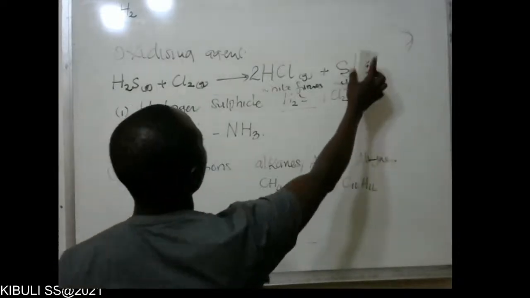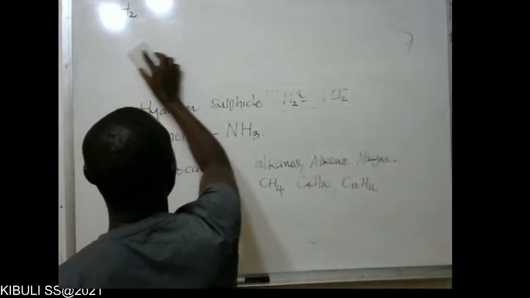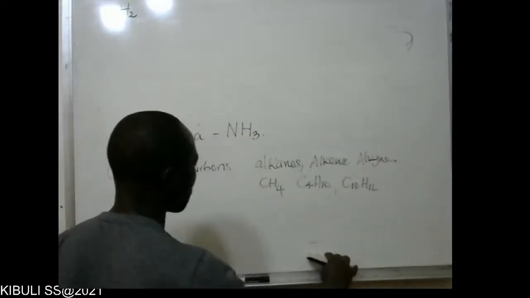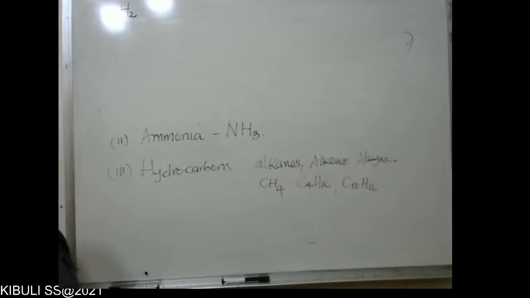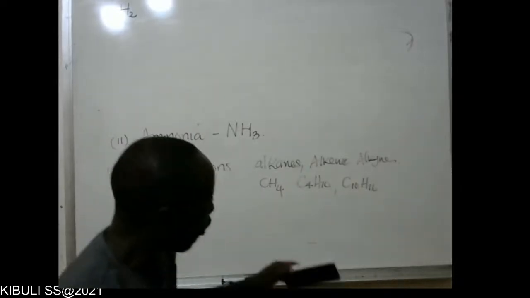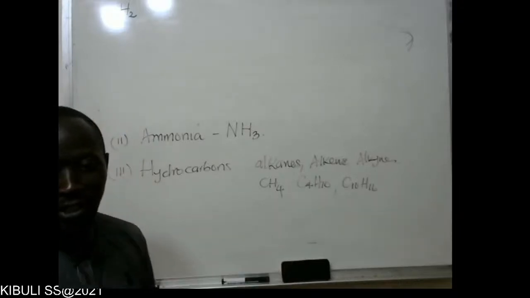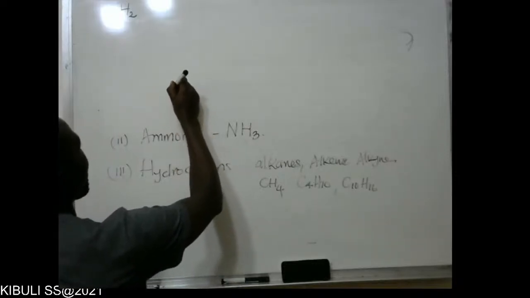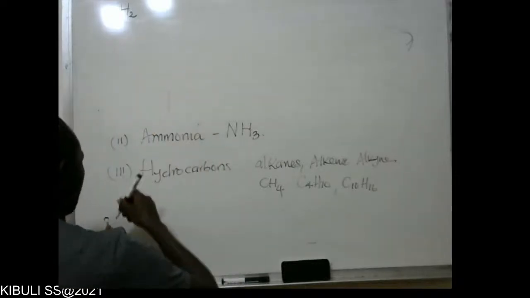Therefore, wherever you are, I want you to write down the equation for the reaction between chlorine and ammonia. Chlorine will always remove hydrogen. So wherever you are, write the equation for the reaction between ammonia and chlorine.